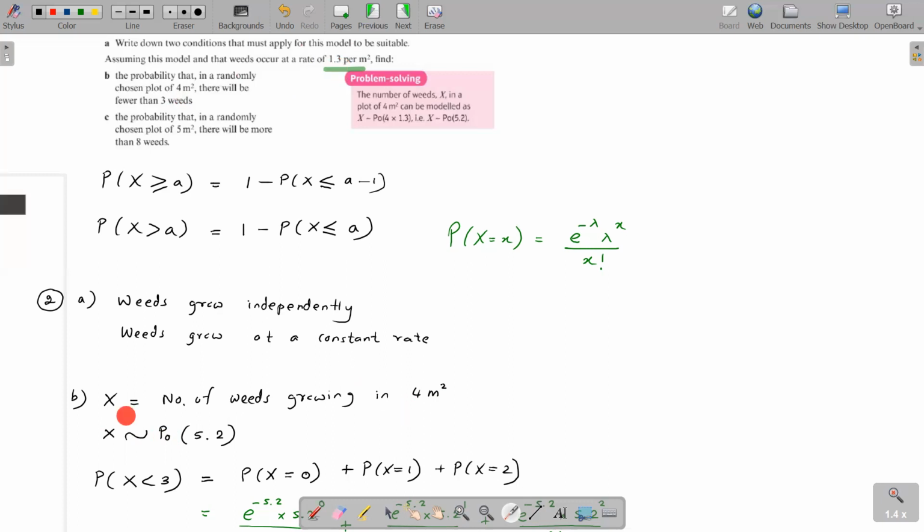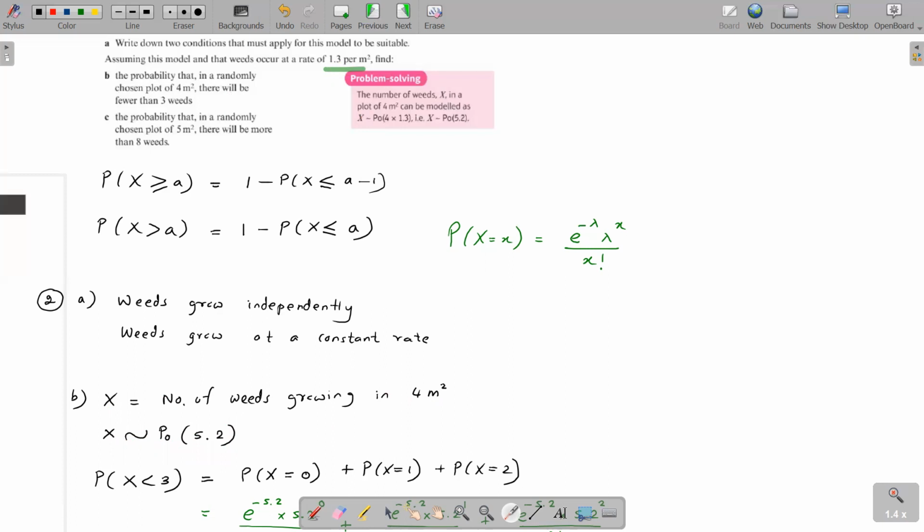My capital X is defined for an interval of 4 square meters, so you have to fix lambda for 4 square meters, which means 1.3 should be multiplied by 4. So 1.3 times 4 is 5.2. That's very important. According to your capital X, the length of interval, you have to have your lambda value adjusted. So here my capital X follows a Poisson distribution with mean 5.2.